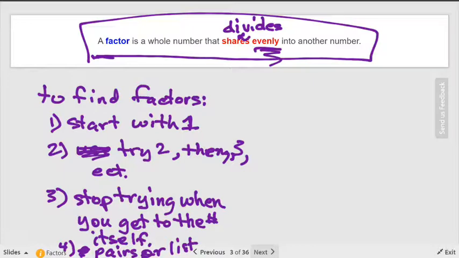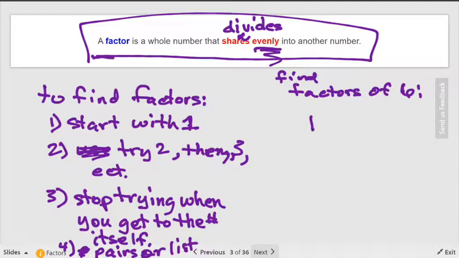So let's say we want to find all of the factors of 6. We'll just use 6. It's an easy, quick one. If I'm going to find the factors, I'm going to start by first dividing by what number? 1.